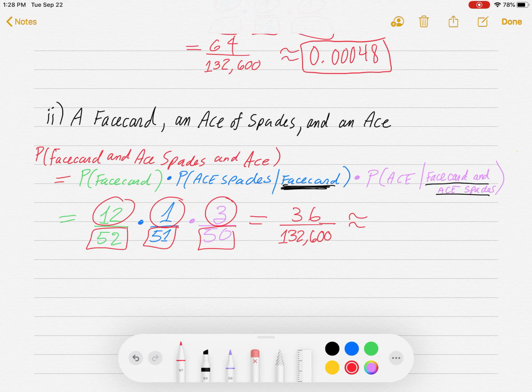Let's divide this out and find approximately what it is. Okay, I'm going to take this to, again, 5 decimal places because it's so tiny. 0.00027. If you wanted to take that to 4 decimal places, you could, and say 0.0003. I'm going to take it to 5 just because it's so small.